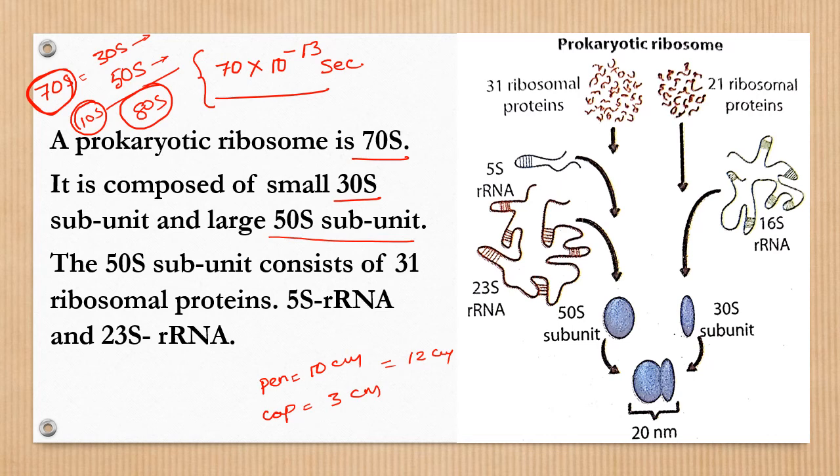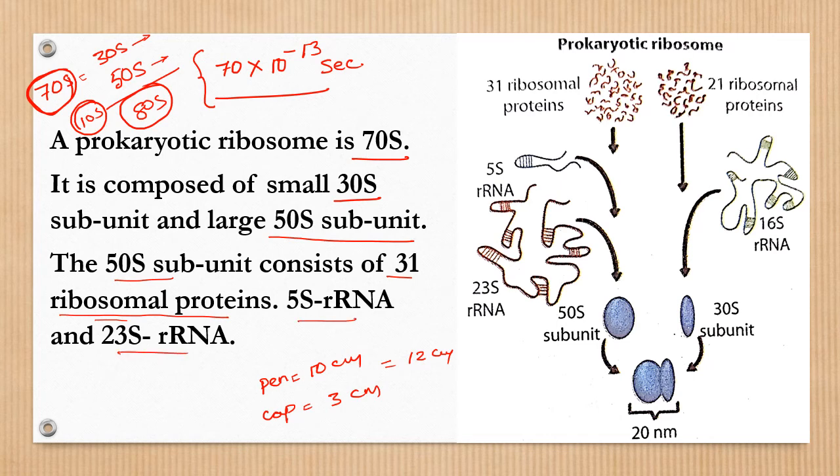Now again, the 50S subunit, the large subunit, consists of 31 ribosomal proteins. Already we said that ribosomes consist of RNA as well as proteins. So the 50S subunit consists of 31 ribosomal proteins, 5S rRNA and 23S rRNA.